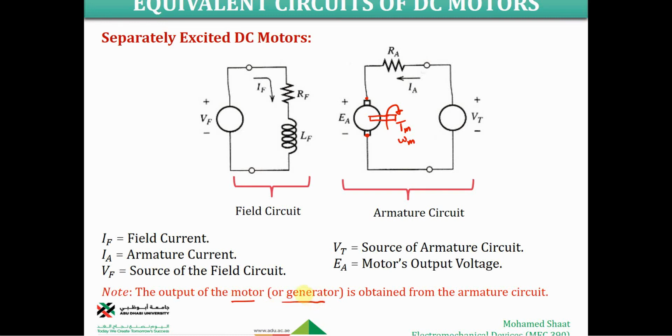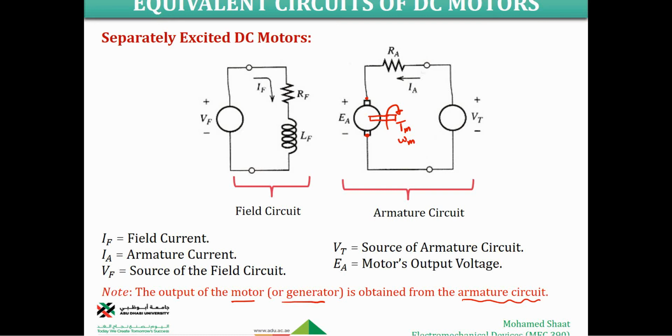For the generator, as we mentioned before, the output is going to be electrical energy, in the form of current and volt for a given torque and speed of rotation. But for the motor, the output is going to be Tm and omega m, and the input is going to be volt and current. Definitely the output for the motor or even the generator is obtained over the armature circuit. The armature circuit is the circuit that is used for giving the output directly.